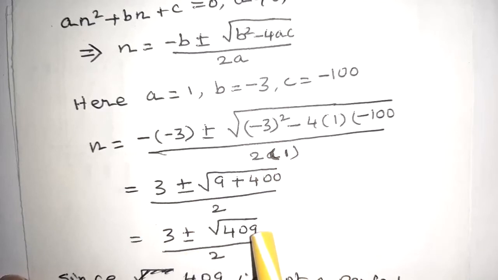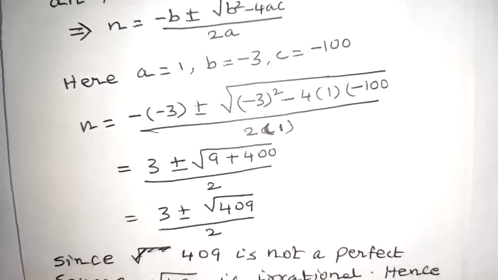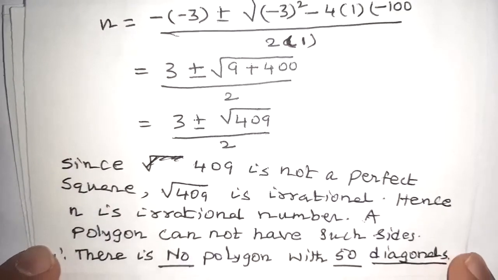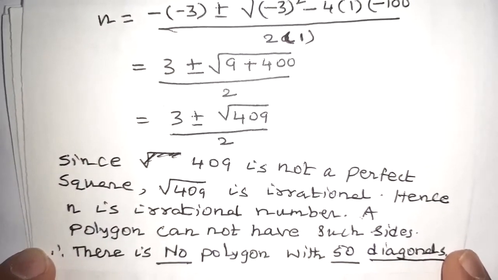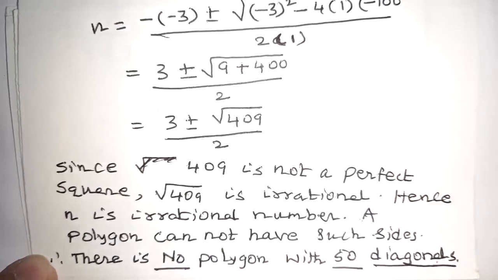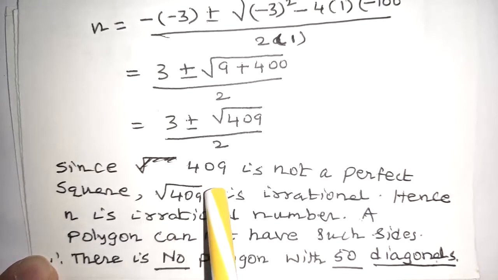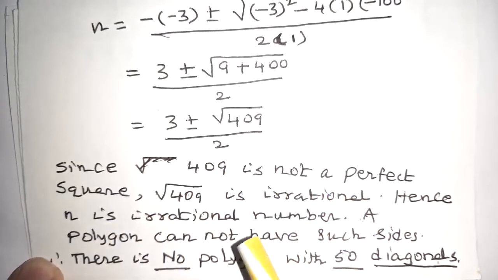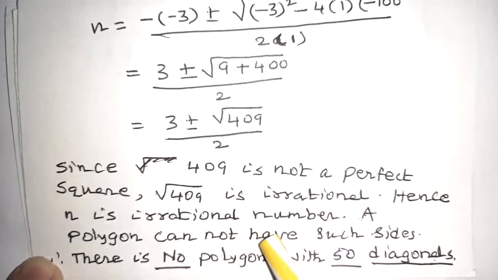Observe the simplification part. Now, 409 is not a perfect square. Therefore, square root of 409 is an irrational number.